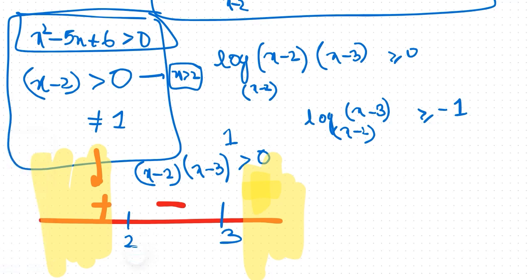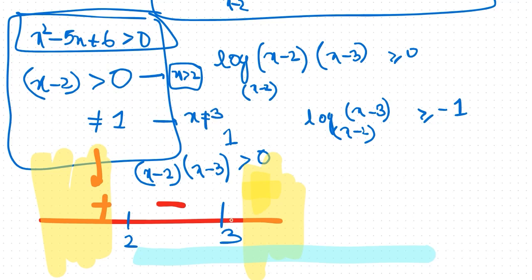And x minus 2 is not 1, so x cannot be 3.